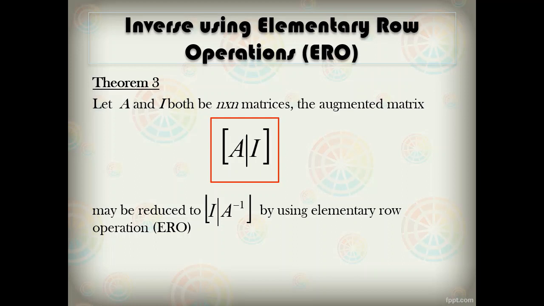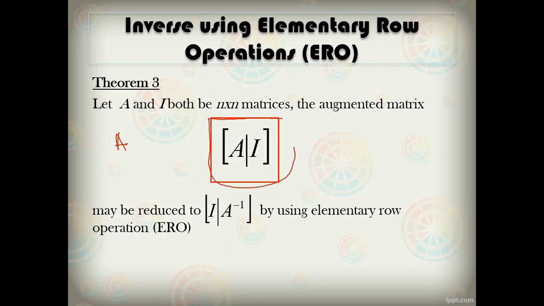Next, we go to the second method to find the inverse of a 3 by 3 matrix. The idea is you have matrix A. You write your matrix A in the augmented matrix like this.